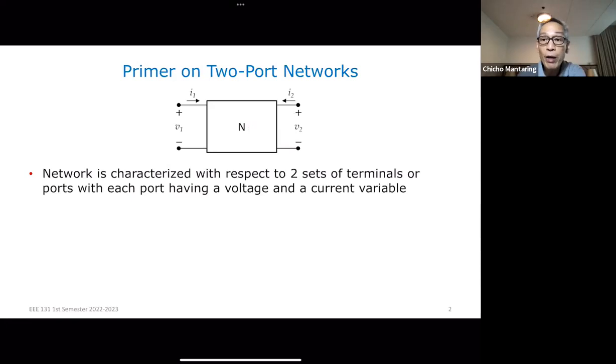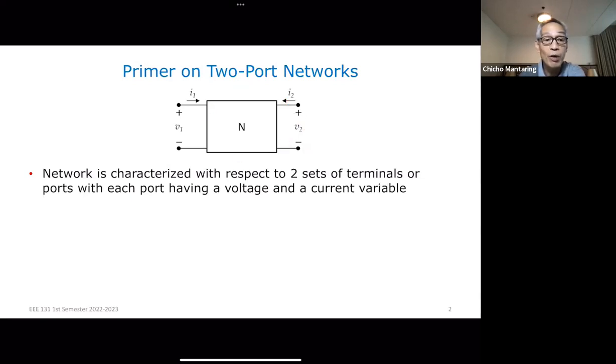Okay, if we want to characterize this network with respect to just two ports, port 1 and port 2, then we can simplify the analysis of the entire system or of the system that employs this particular network.